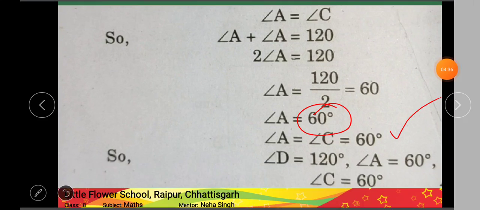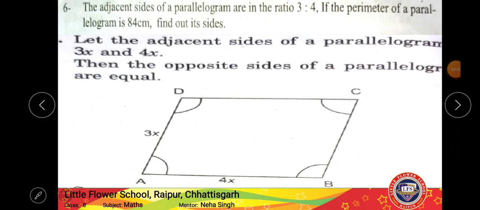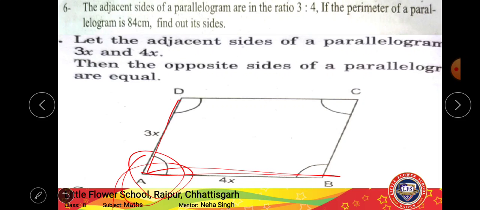Now moving on to the sixth question. The adjacent sides of a parallelogram are in the ratio 3:4. Adjacent sides means sides having one vertex in common, right? Suppose AB and AD have a vertex in common, so they are adjacent sides.